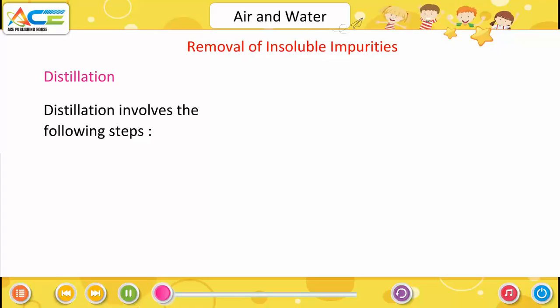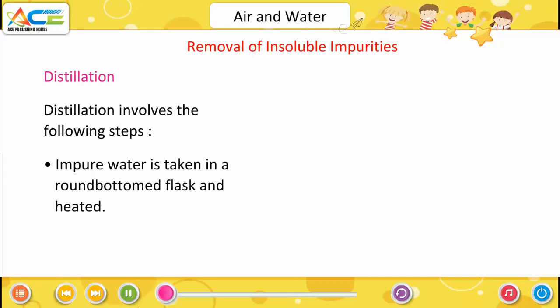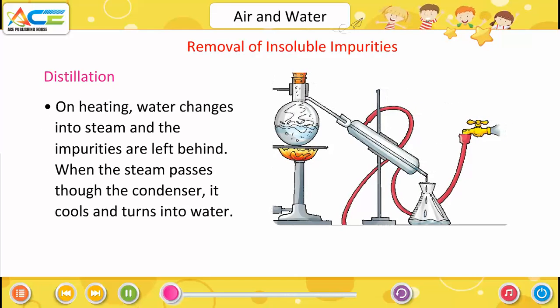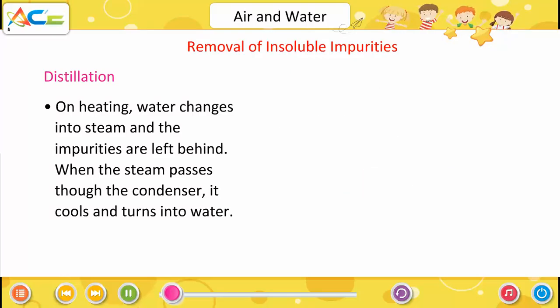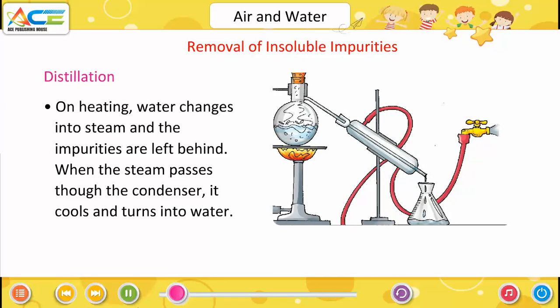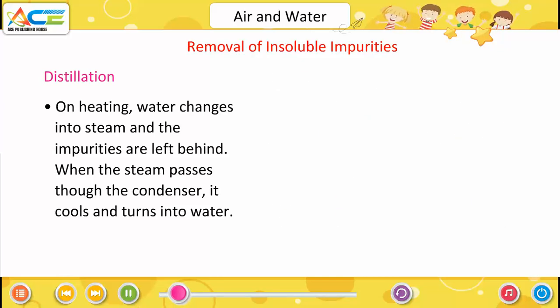Distillation involves the following steps. Impure water is taken in a round-bottomed flask and heated. On heating, water changes into steam and the impurities are left behind. When the steam passes through the condenser, it cools and turns into water.